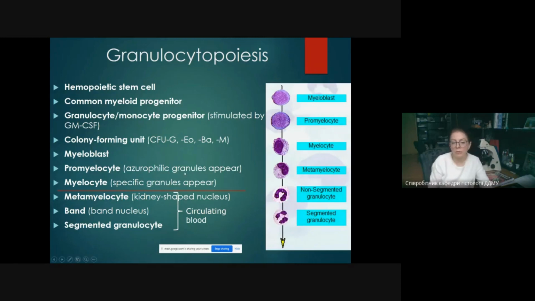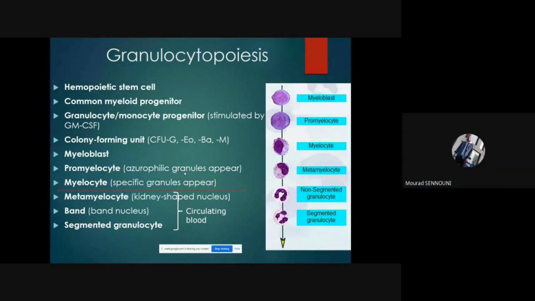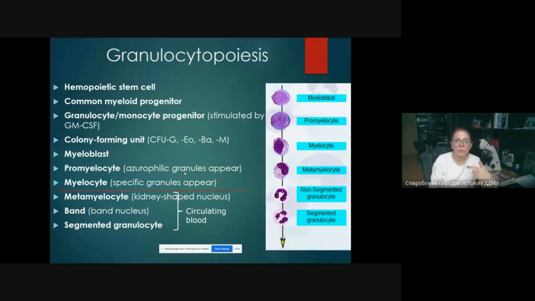What are the eosinophilic granules? What organelles are they? Do you remember last lecture we discussed that? Golgi apparatus. Golgi apparatus produces them, and what organelles are produced by Golgi? Lysosomes. Exactly, lysosomes. Thank you.